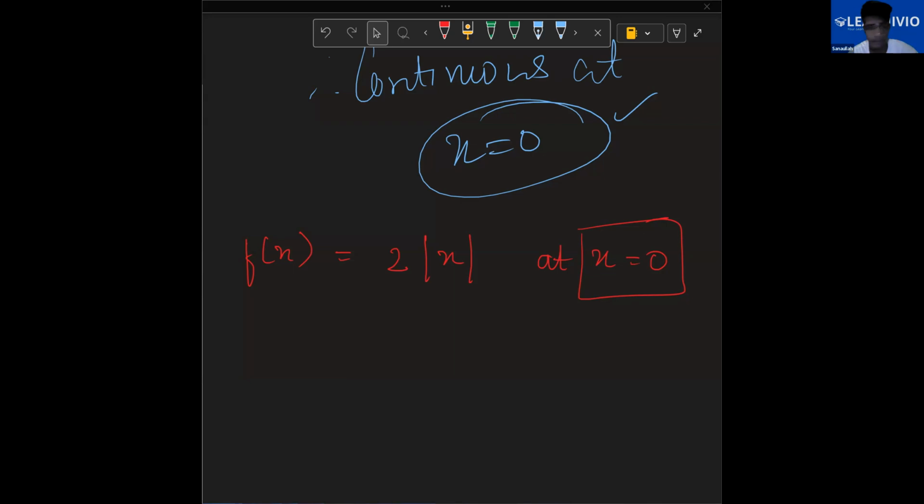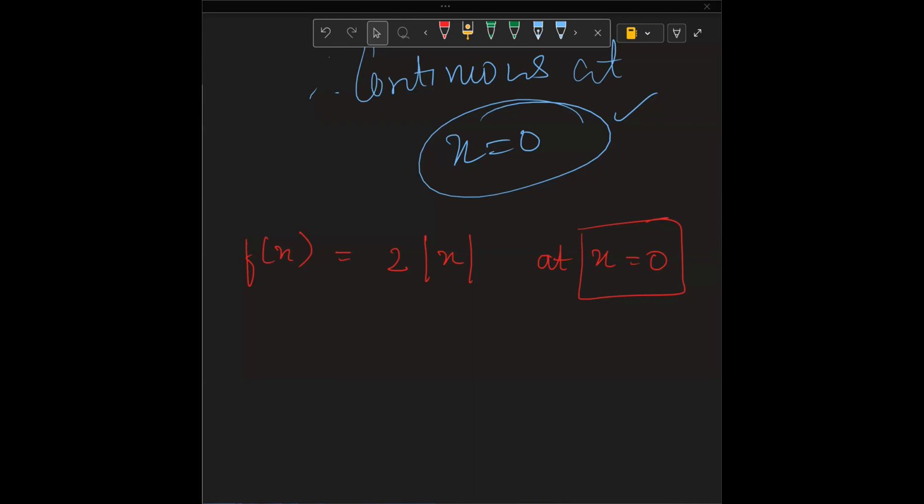Sir, yeah, tell me. It is continuous at x equals to 0. It is continuous at x equals to 0. Okay. आपका LHL कितना है?